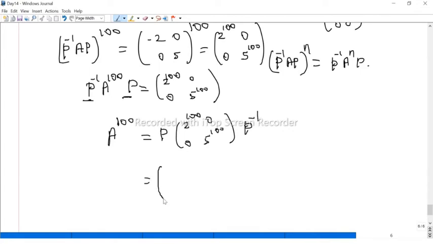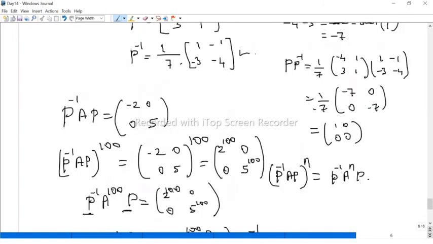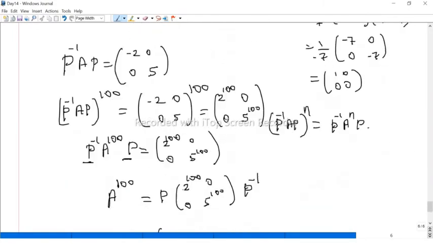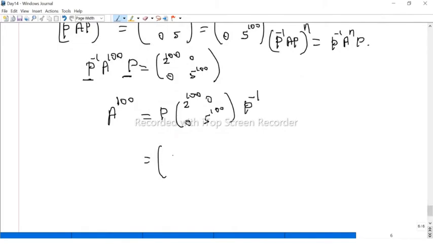We know what P is. P is minus 4, 3, 1, 1, and this diagonal matrix is 2 to the power 100, 0, 0, 5 to the power 100. So this P inverse contains minus 1 by 7.